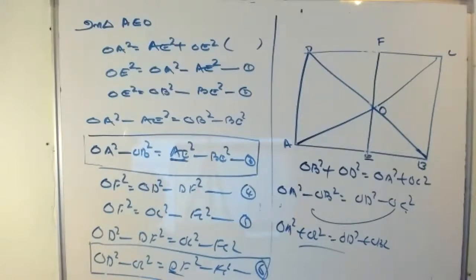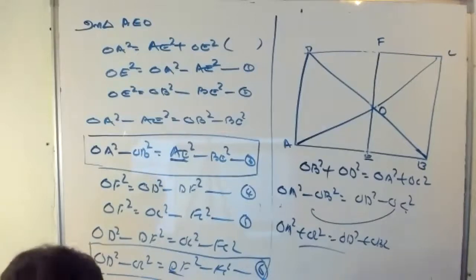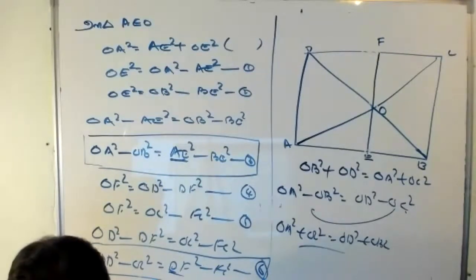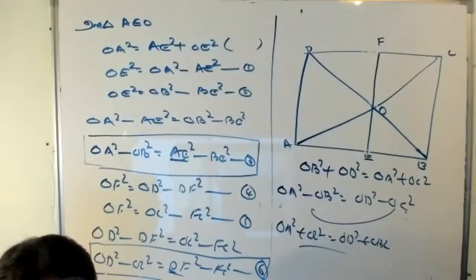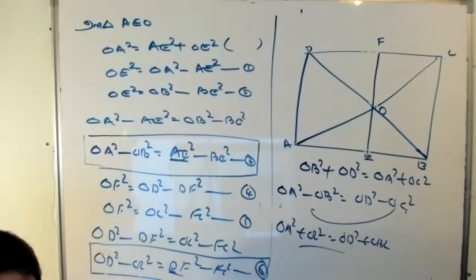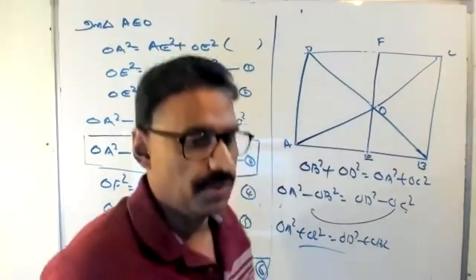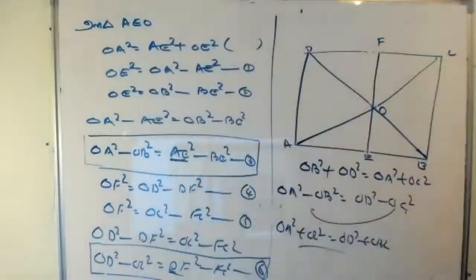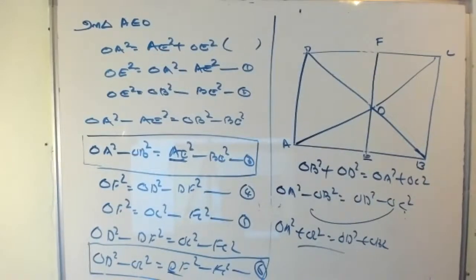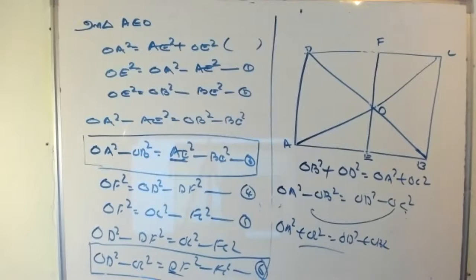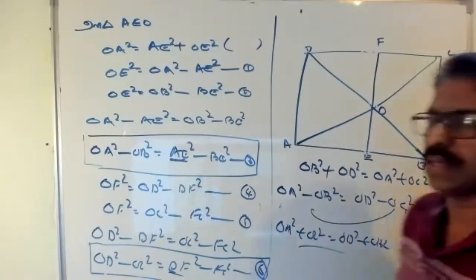AD square equal to BD into CD. Prove that triangle ABC is a right triangle.